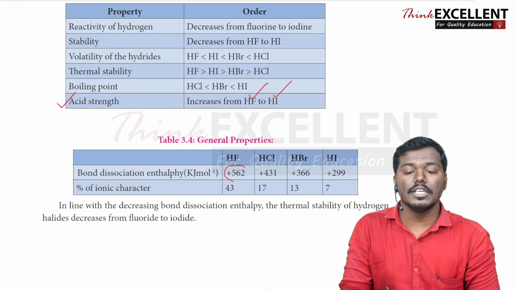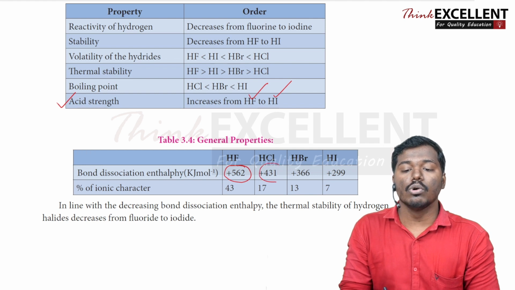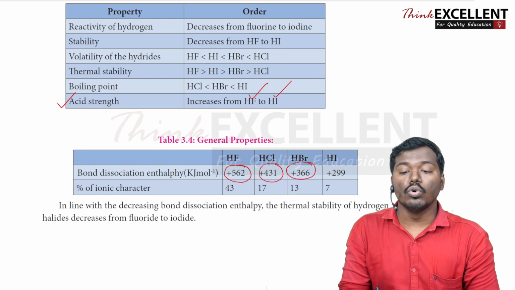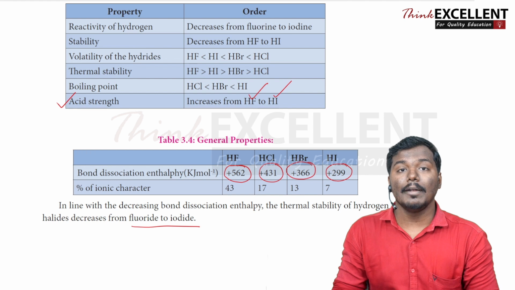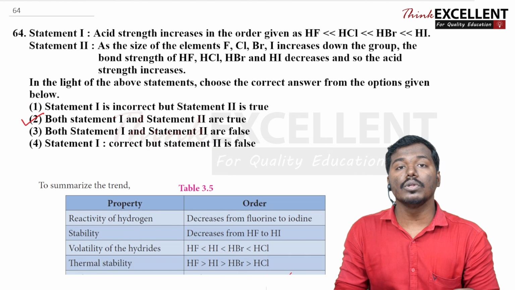HF is 562 kilojoule per mole, HCl is 431 kilojoule per mole, HBr is 366 kilojoule per mole and HI is 299 kilojoule per mole. So it is decreasing from fluoride to iodide. So statement 2 is also correct. So both statement 1 and 2 are true.